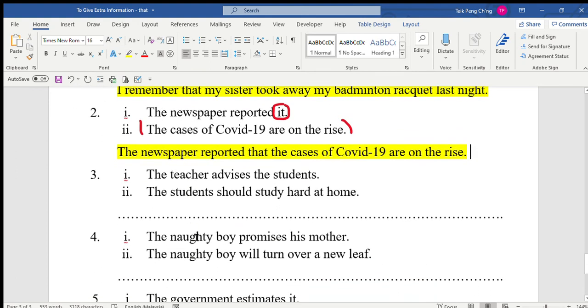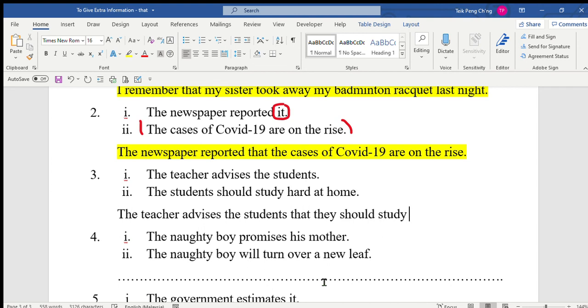Okay, continue. The teacher advises the students. And then you ask yourself, what does the teacher advise? So use the word that to give further explanation. The teacher advises the students that they should study hard at home.